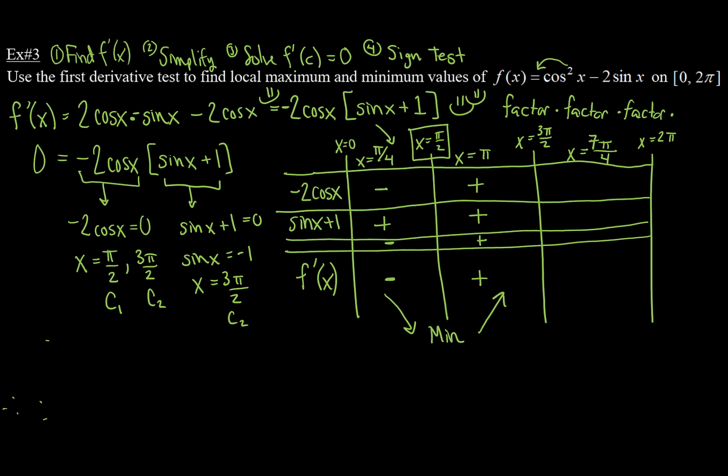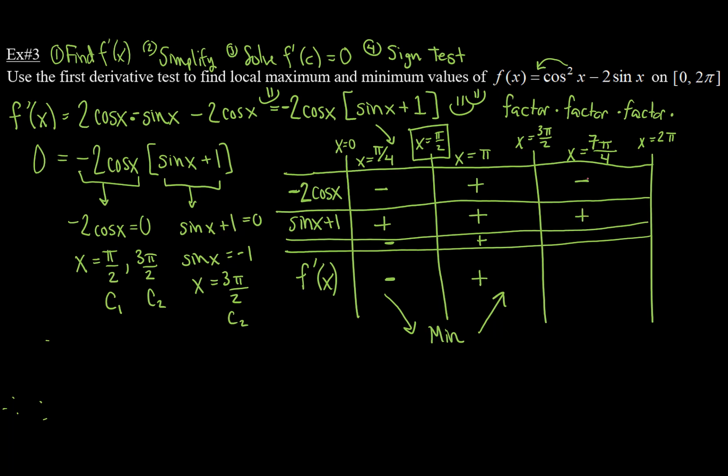so 7 pi over 4, I'm going to plug that in. I'm going to plug that into cosine of x, which gives me a positive. Then I'm going to multiply it by that pesky little -2. Don't forget that. That'll change your sign. And that's going to give me a negative. So positive times negative gives me negative. If I plug 7 pi over 4 into sine, and then I add 1 to it, I'm going to get a positive number.